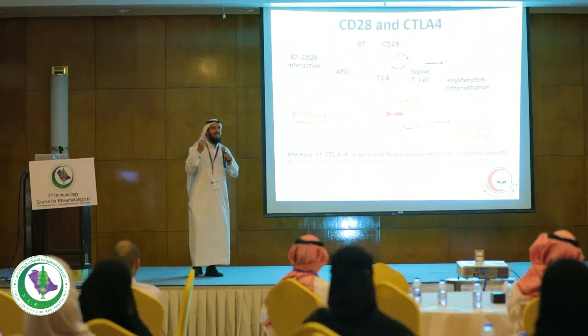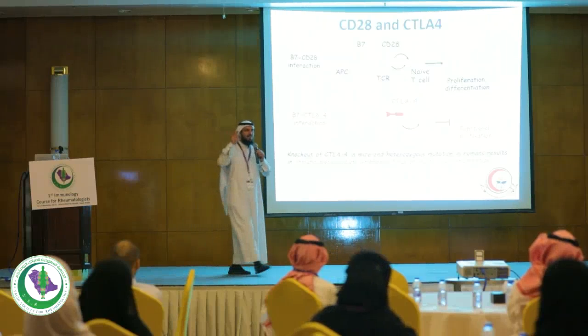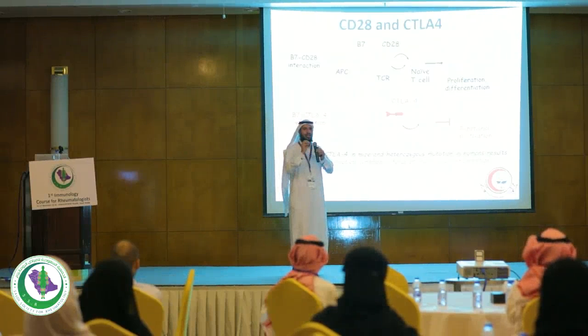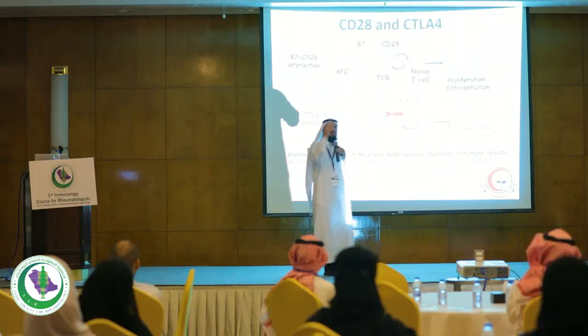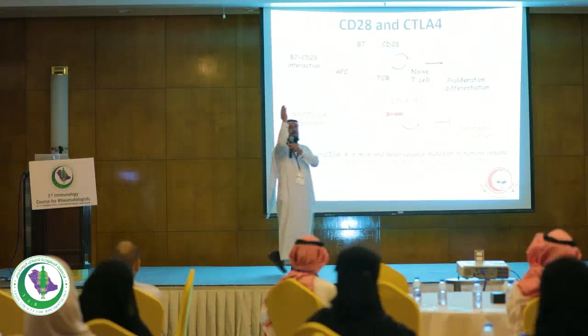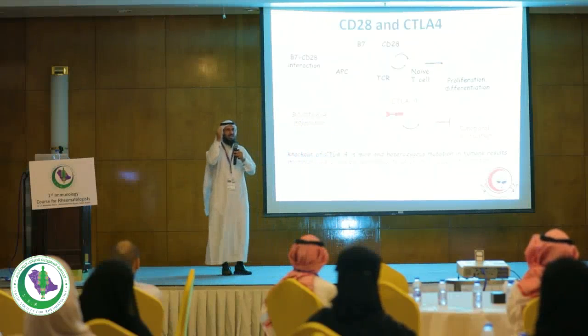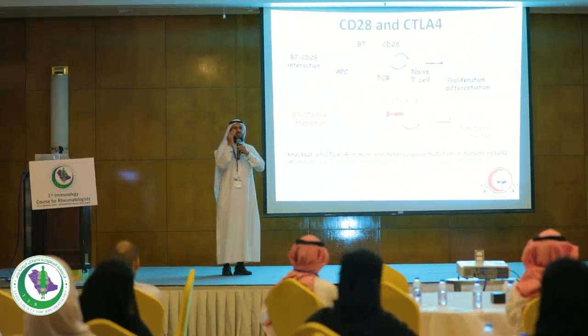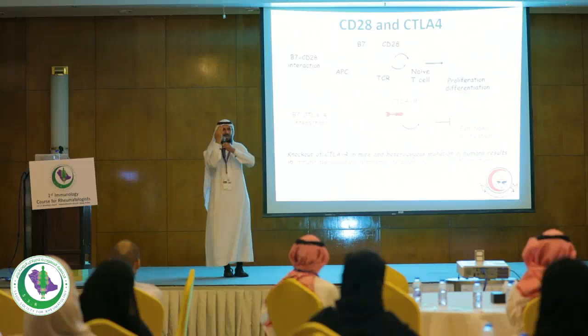And the simple answer is, if you have an infection, that means you need CD28. And CD28's affinity is low, so the expression of B7 will be high. So the B7 will be high on the cell surface. While in non-infection, the B7 expression is low, like in the middle.